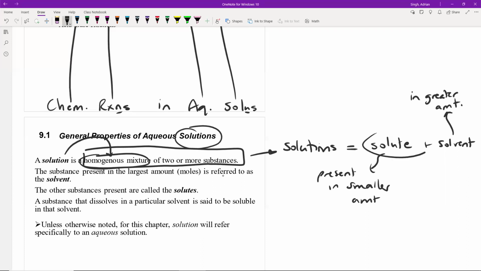We can actually have multiple solutes in a solution, but there's only one solvent, right? There's only one thing that's present in greatest amount in a solution.